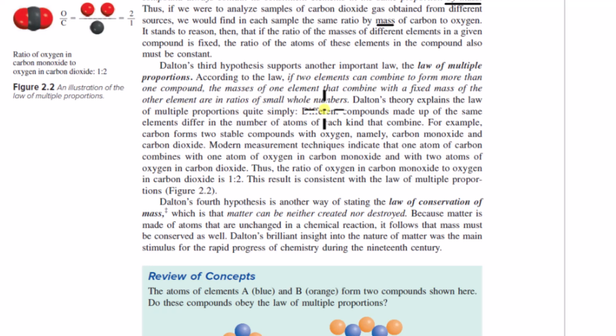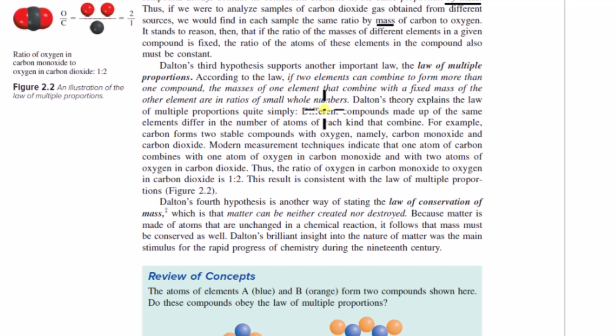So here what was being analyzed was so that they could see that you could combine carbon and oxygen to create one type of compound like carbon monoxide, then you could combine it in another way to create something like carbon dioxide. You could create different substances with the same elements.